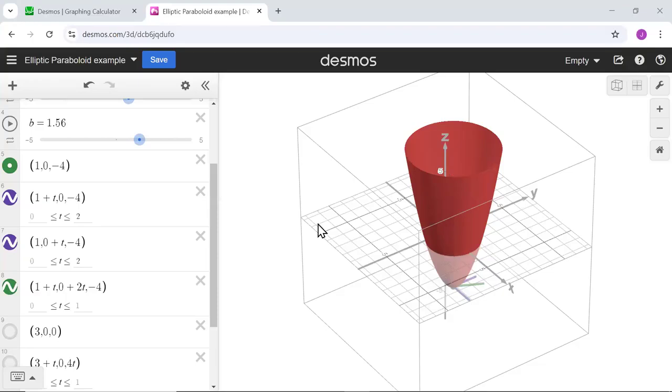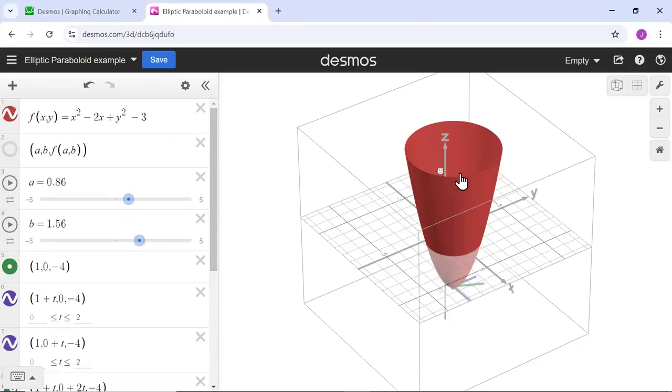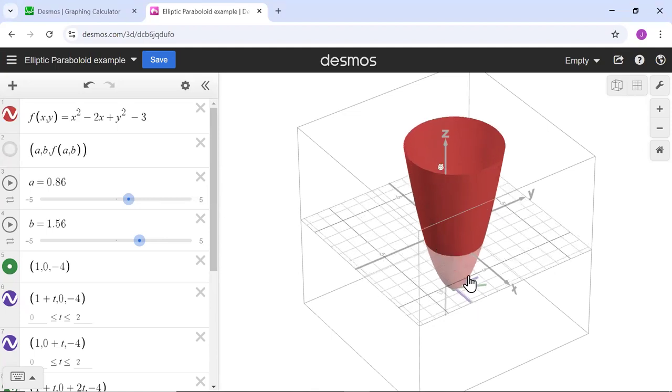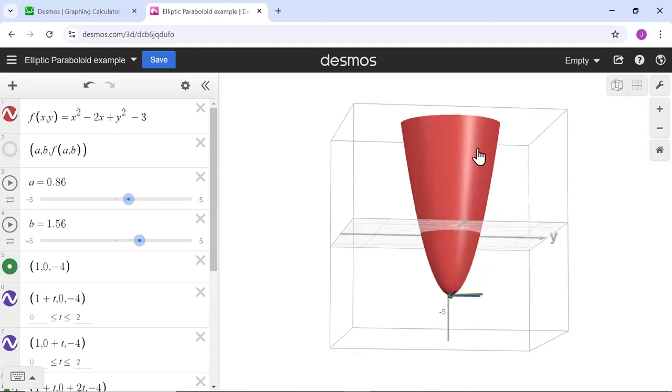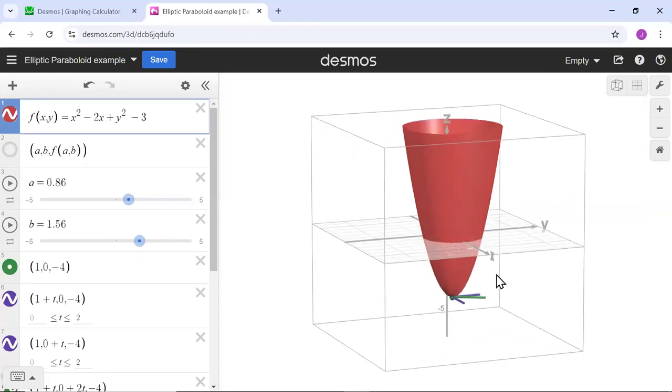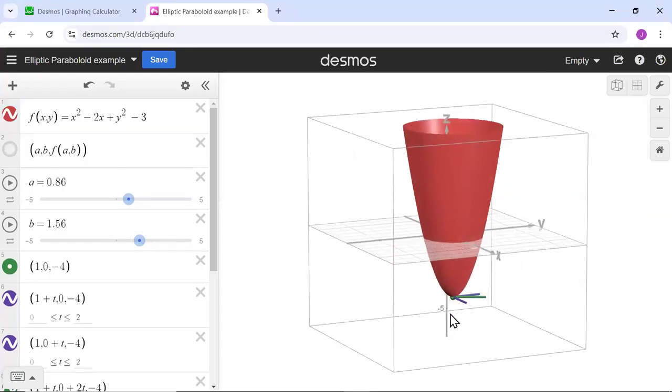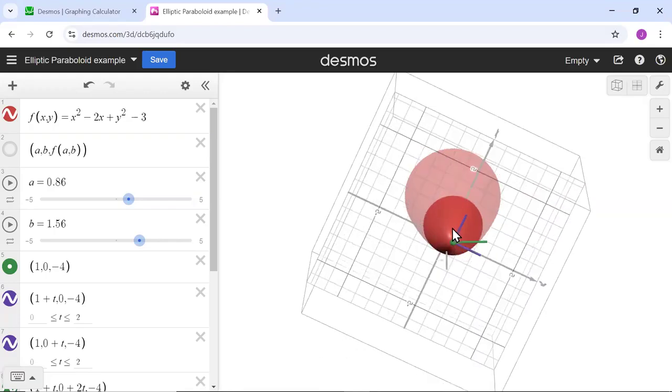So basically, this is what's going on. Here's our actual function that we're looking at. I think that's the function. And what we have, if you remember, our f sub x and f sub y gave us vectors that were tangent to the graph in the direction of the x-axis and in the direction of the y-axis, respectively.